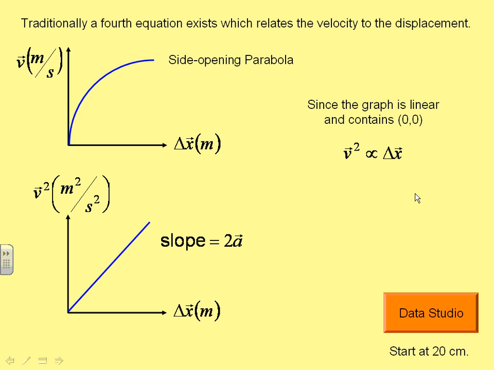So if it's rolling twice as fast, it'll go 4 times as far. If it's rolling 3 times as fast, it'll go 9 times as far. And the other key thing to pick up is that the slope of this graph works out to be twice the acceleration.